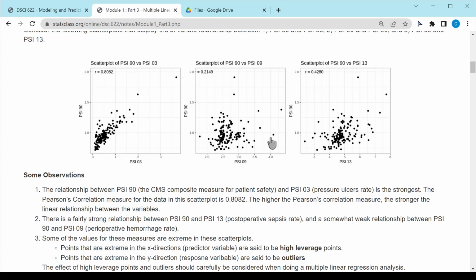Those are called high leverage points. Points that are extreme in the y direction, like this one here, would be considered an outlier. So we do differentiate the types of points if they are an outlier or extreme in the predictor variable direction versus being an outlier or extreme in the response direction.